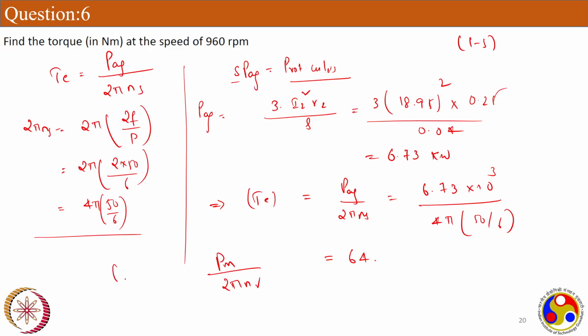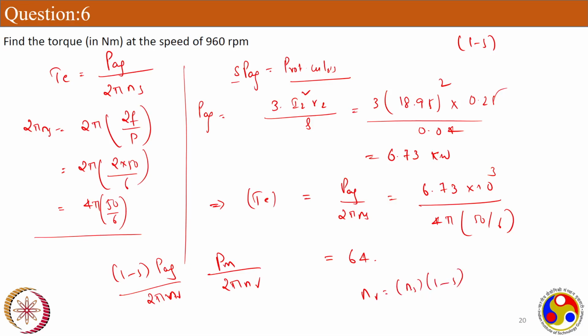Now mechanical power is nothing but 1 minus s into PAG, divided by 2 pi NR. Now NR is equal to Ns into 1 minus s.